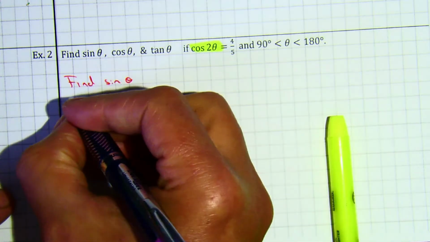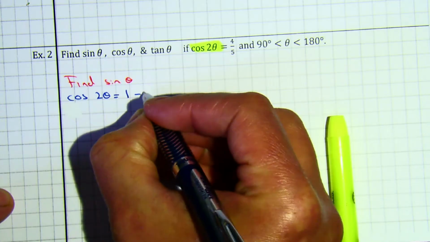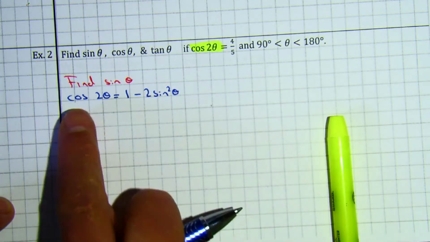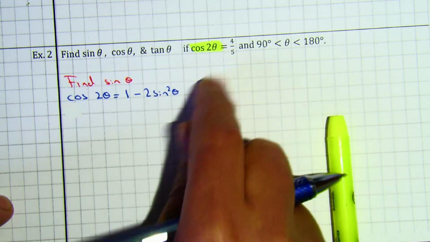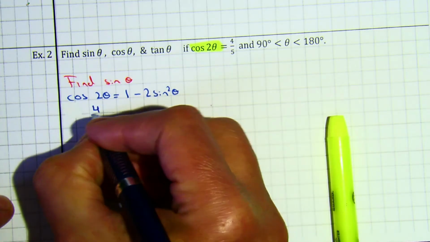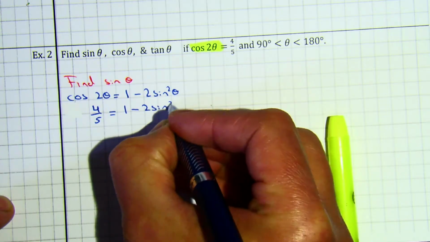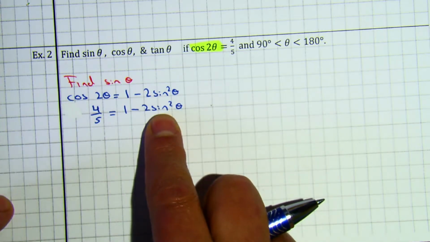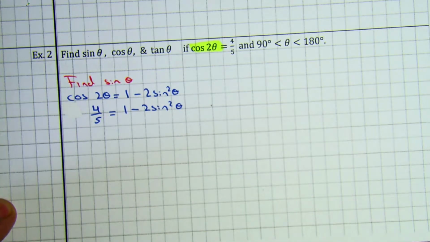So therefore, I'm going to use cosine of 2 theta is equal to 1 minus 2 sine squared of theta. I know the value of cosine of 2 theta to be 4 over 5. And now, because I only have the sine, I can solve for sine. So go through the process, solve for sine, and see what you get. And then we can compare our answers.